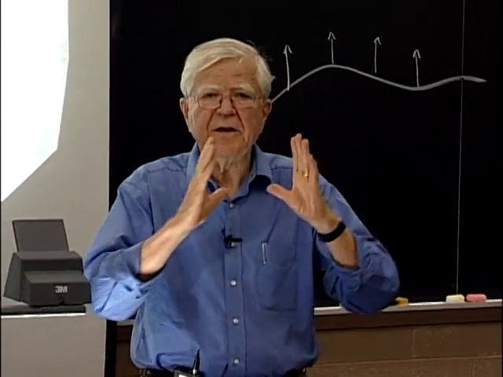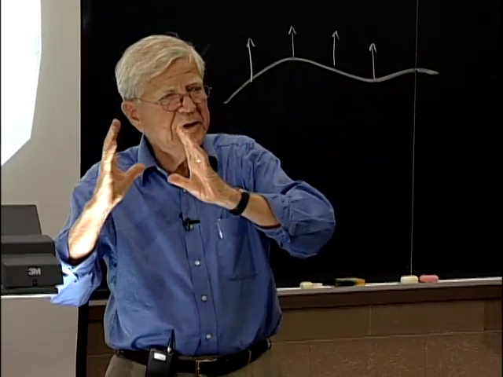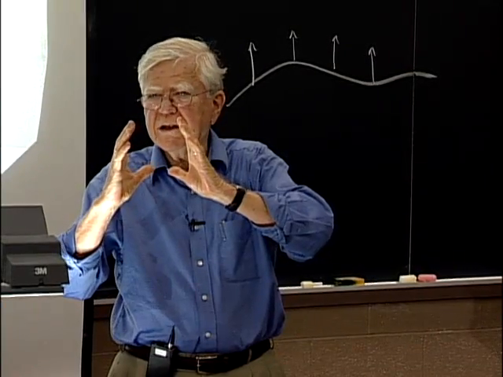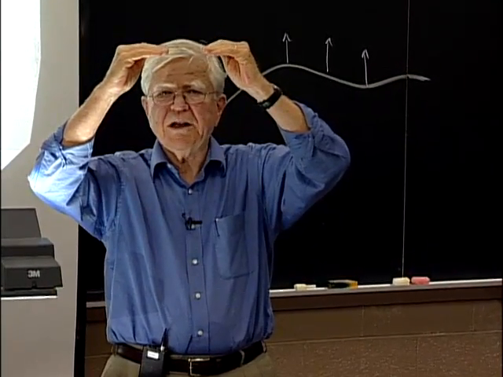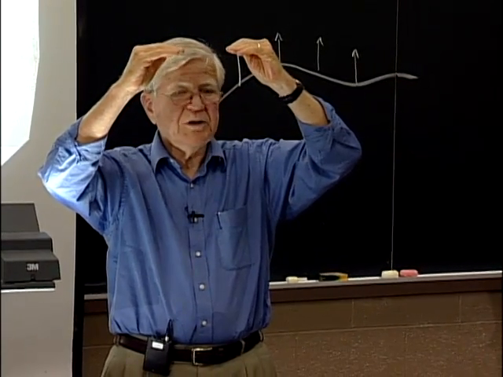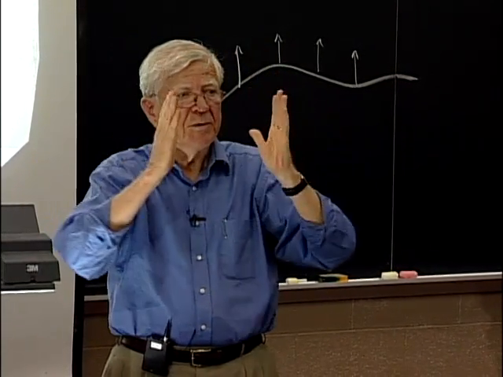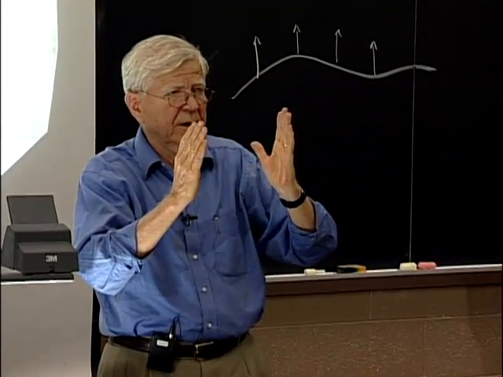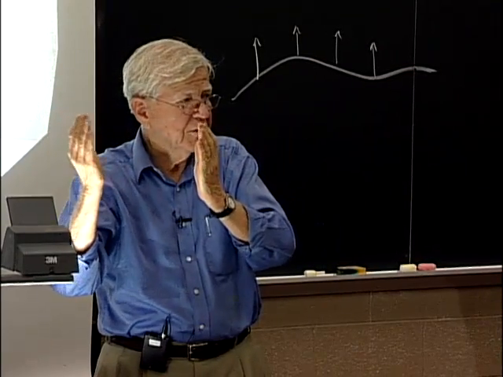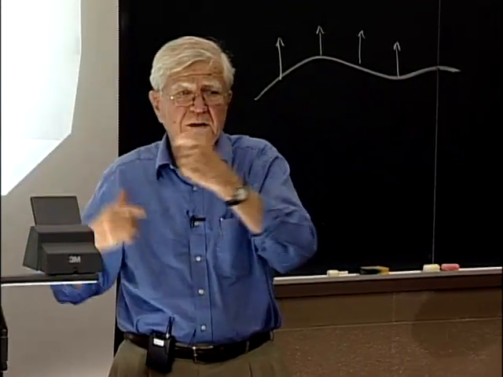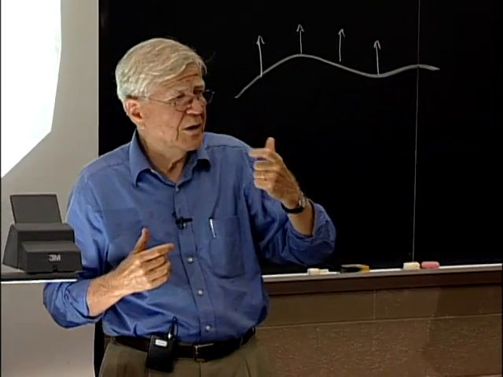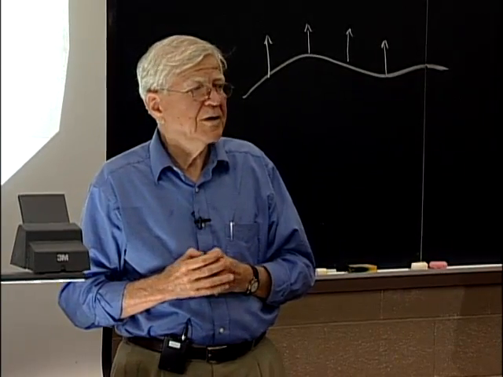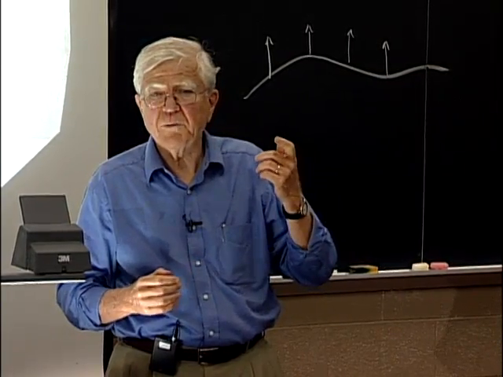The terms in here are those functions shifted in time by some number of sampling intervals T, and then shifted in frequency by some number of frequency bands 2W. See, the original frequency band that we had went from minus W to plus W. The next one goes from W to 3W. The next one goes from 3W to 5W. So the frequency bands we're talking about here are of width 2W. The time intervals we're talking about are of width T.